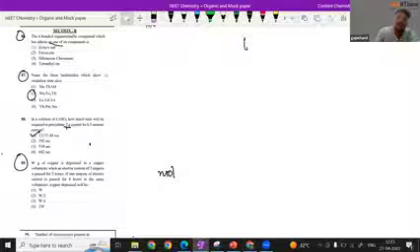So we can say that W grams of copper has been deposited in the copper voltameter.